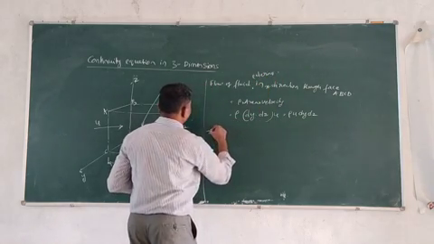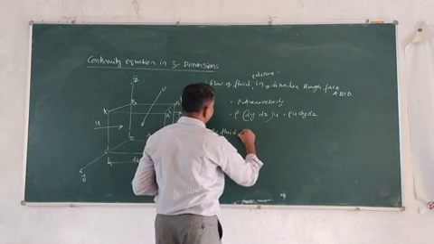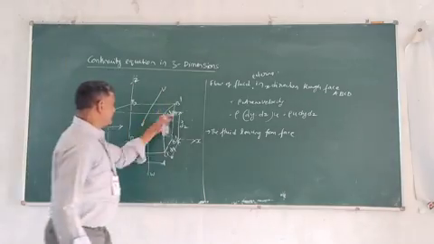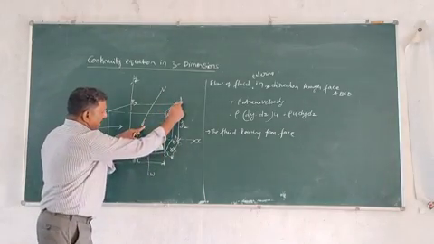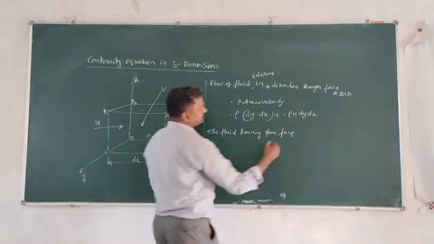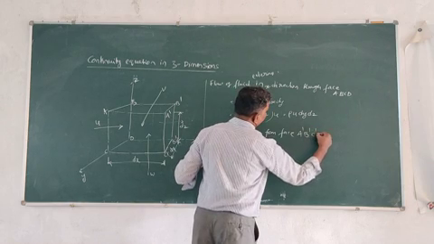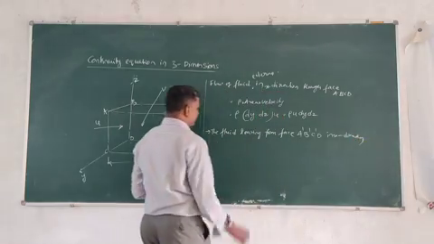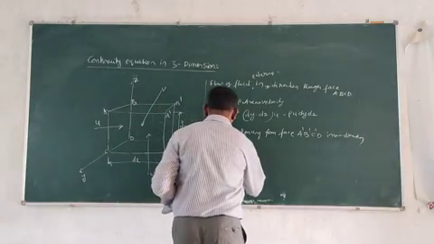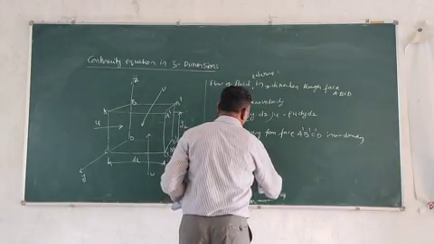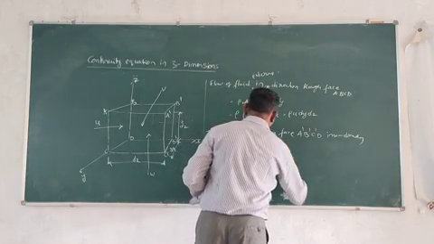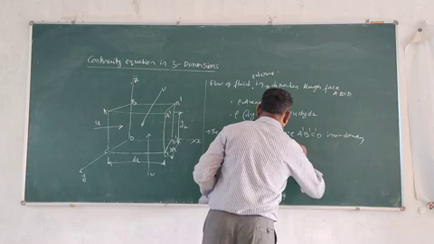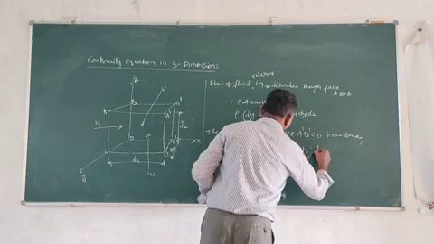Next, the fluid leaving from face A dash, B dash, C dash, D dash in the same x direction. So what is this? Rho u dy dz plus dou by dou x of rho u dy dz into dx.